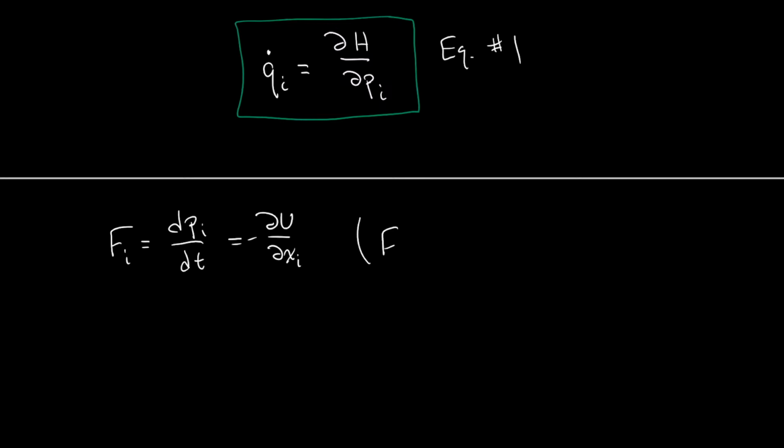This is just a restatement of F equals minus grad U. We know this is true for conservative systems. So we might guess for p_i dot that this is just going to be minus dU/dq^i. We'll guess this. But it is actually very easy to see the case where this fails.